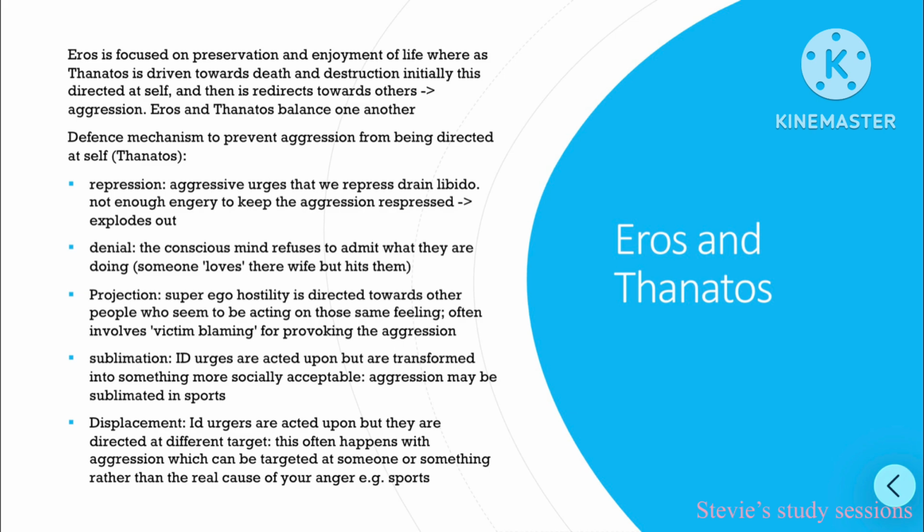Aggression may be sublimated into sports. Displacement. Id urges are acted upon but they are directed at different targets. This often happens with aggression, which can be targeted at someone or something else, rather than the real cause of your anger.